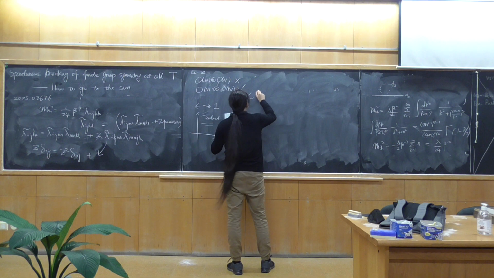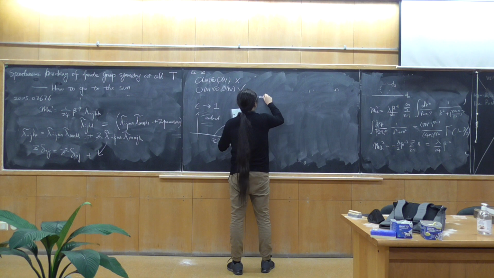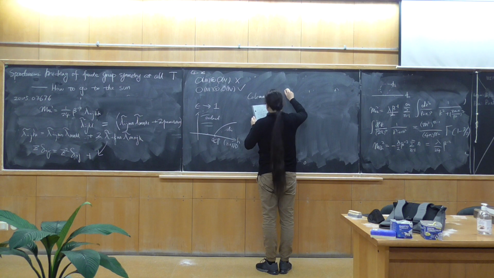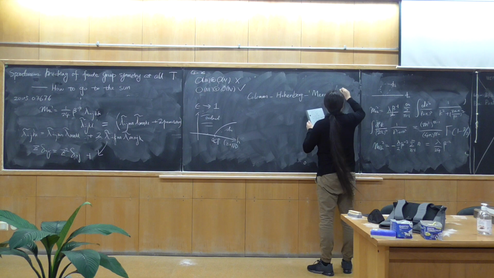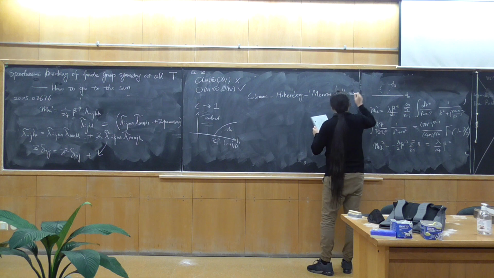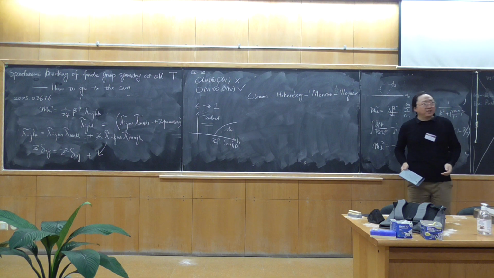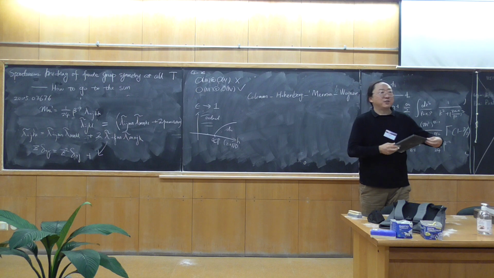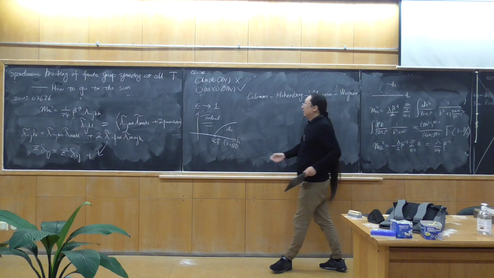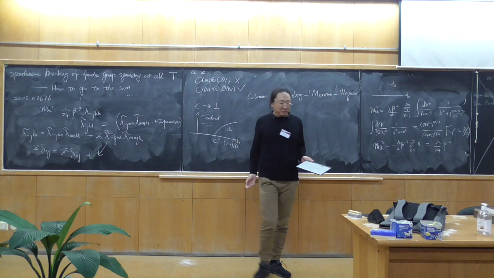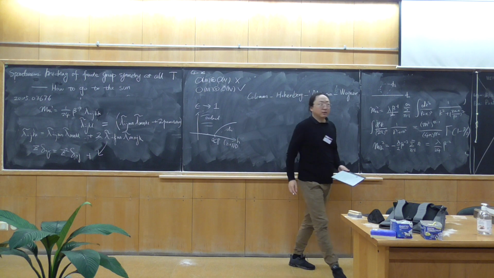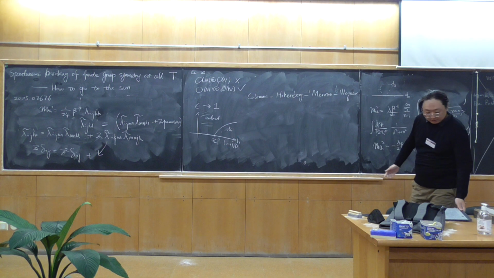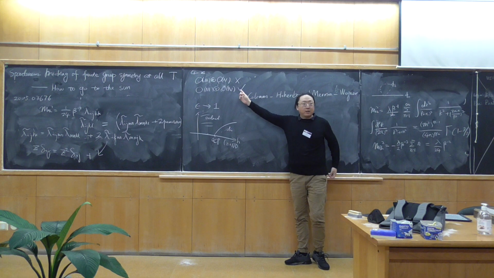I'm going to list all the names: Coleman, Mermin, Wagner. It basically tells us that there cannot be a continuous symmetry breaking phase in 2 dimensions. So therefore, the non-perturbative effect, as I was mentioning, has to somehow kick in and destroy this ordered phase. So, strictly speaking, this model works only in fractional dimensions.